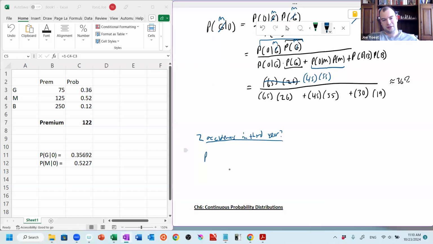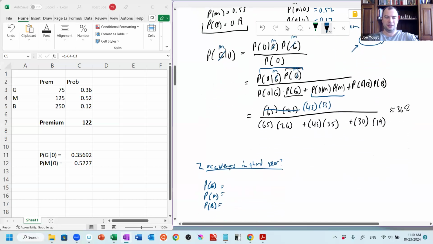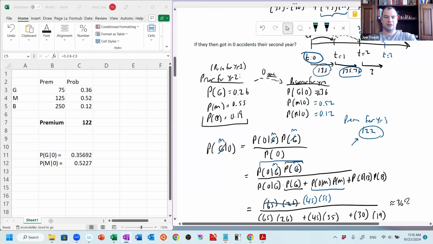So I have some prior probabilities: good, moderate, and bad. My priors are 36, 52, and 12%. My priors for year 3 are the posteriors for year 2, at the end of year 2.